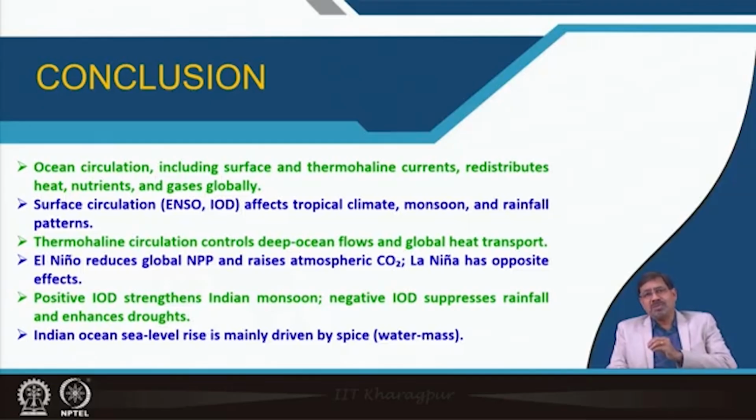Less withdrawal of CO2 is our important point here, as it is one of the dominant greenhouse gases. That is how things are linked. I think with this we got a good understanding of the contribution of ocean circulation to changing climate or climate change.